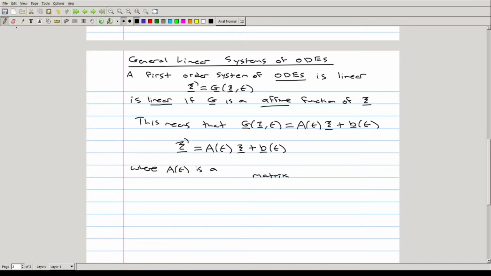We'll specifically say A is an n by n matrix of functions of t, and B of t is an n by 1 vector of functions.